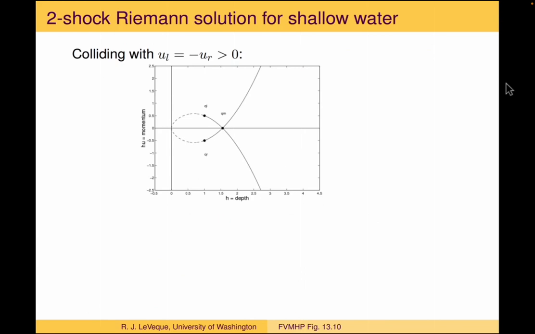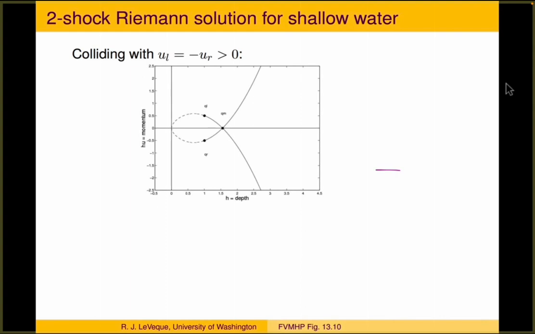So to solve the Riemann problem, we can put these two things together. If we look at this case we had where the fluid is impinging from both sides with the same depth on both sides, I claimed that the right solution was 2 shock waves moving outwards with some middle state in between.